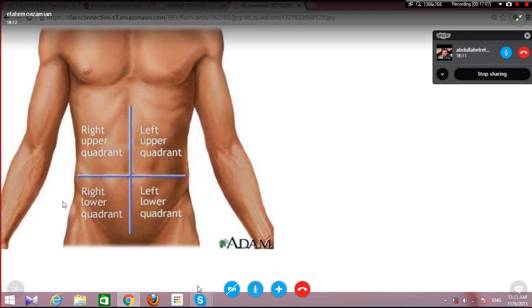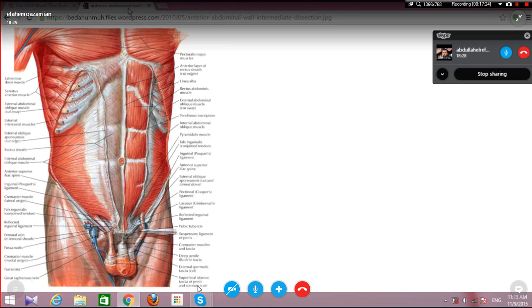So we get 4 quadrants: upper right, upper left, lower right, lower left. This is for more general descriptions. Do you have any questions?